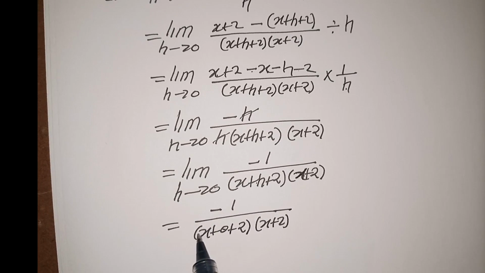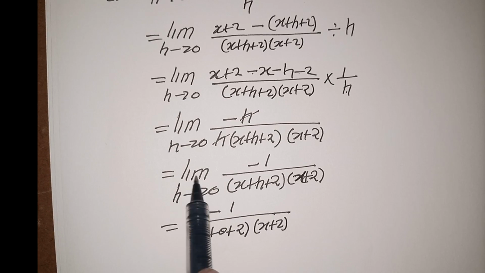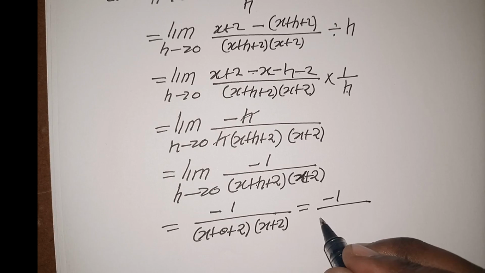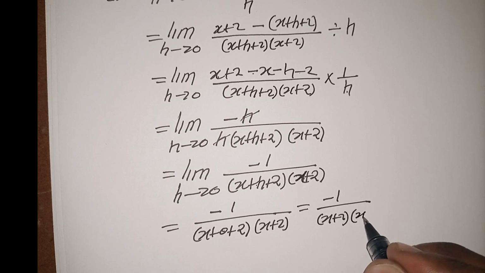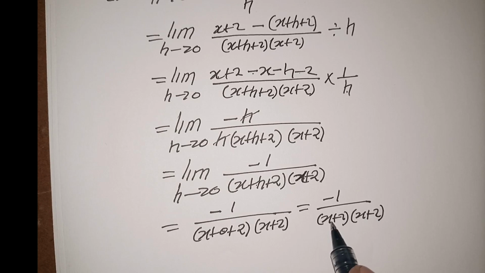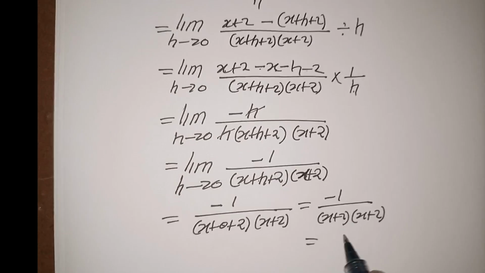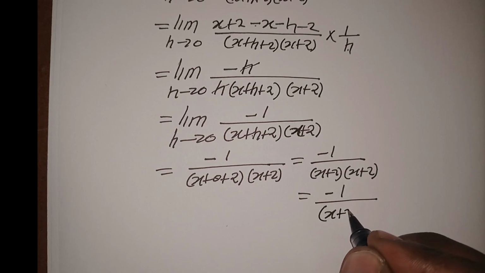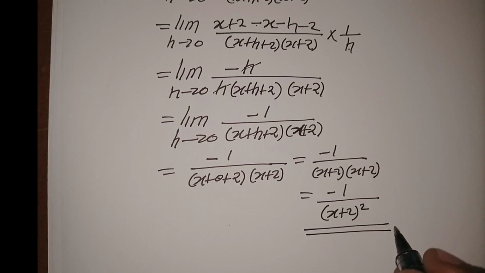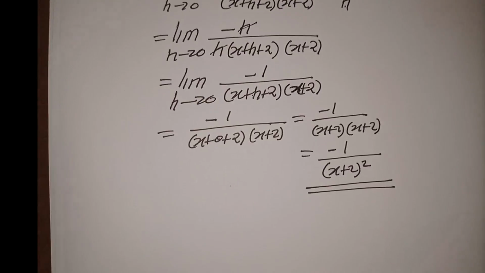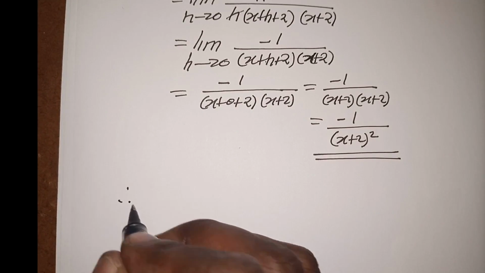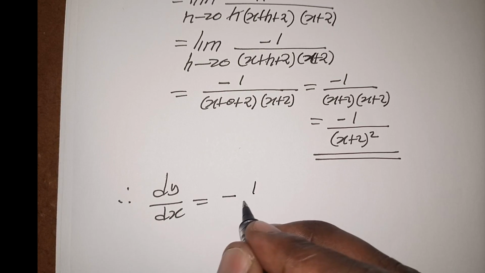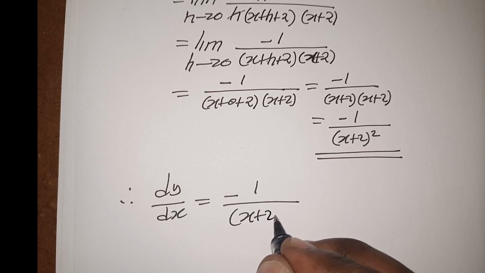Once you substitute, there's no need to indicate the limit symbol. This is equal to negative 1 over (x plus 2)(x plus 2), which is the same as negative 1 over (x plus 2) squared. So this is the derivative, which you can write as: therefore, dy over dx is given by negative 1 over (x plus 2) squared.